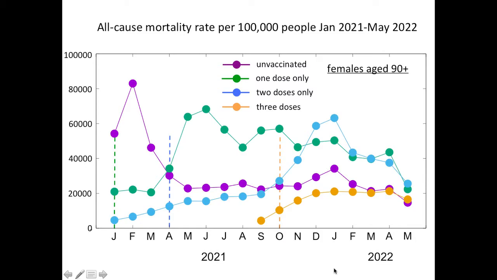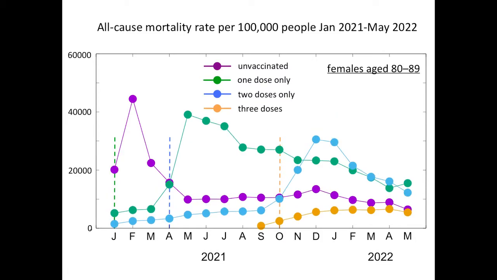So if we look at females aged 80 to 89, again you see here these large variations in the 1-dose and the 2-dose groups. And again, just stressing very much that most people will have left this green group as the second dose became available. Most people will have left the blue group as the booster became available.